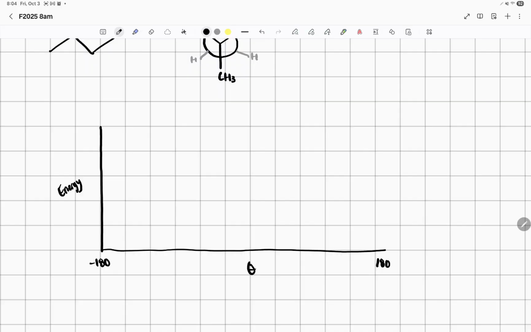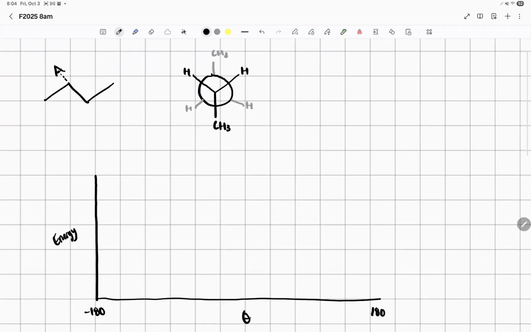Our highest energy position is going to be where our two CH3 groups are overlapping with one another. So if we have a Newman projection that communicates that, we have a CH3, hydrogen, hydrogen, and then our other CH3, it's a little cramped. That is going to be our highest possible energy.